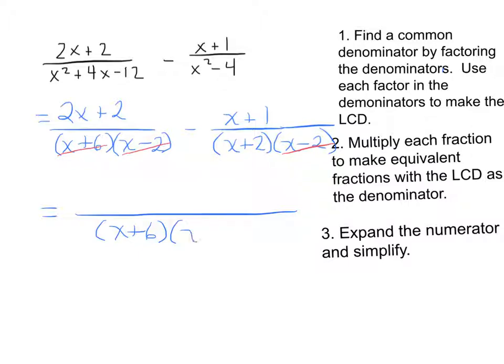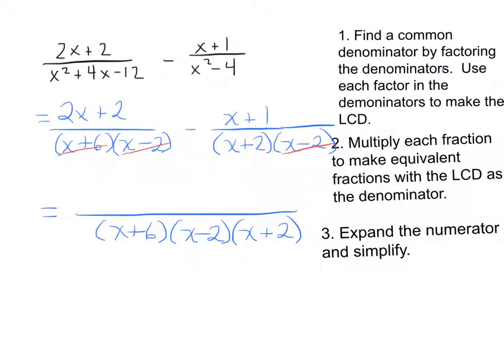That means we just put one of them, though. And then there's the x plus 2 that's still there. So we don't need to include the x minus 2 twice. It's in both spots. We only need to include it once. The only way we'd need to include 2 of them is if there were 2 of the same factor in one of the fractions. So x plus 6, x minus 2, x plus 2 is the lowest common denominator.